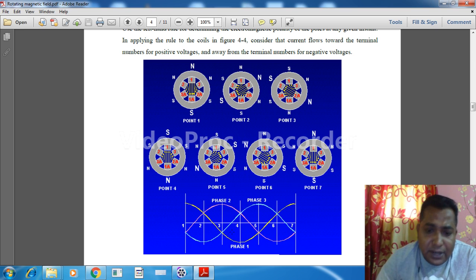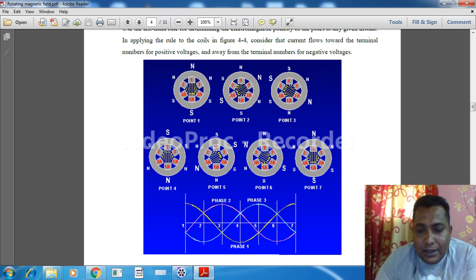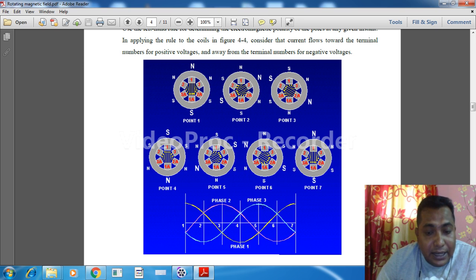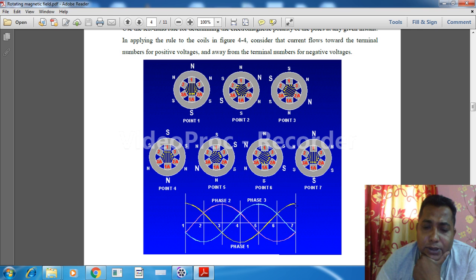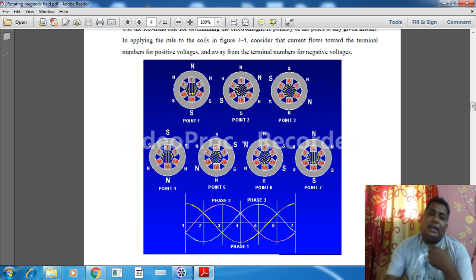Like this, phase 3, phase 4, and then instant 5: green is only in the positive half, pink and yellow in the negative half. At 6, green and yellow are in the positive half, and pink is in the negative half. And in the last, at 7, yellow is in the positive half, and green and pink are in the negative half.